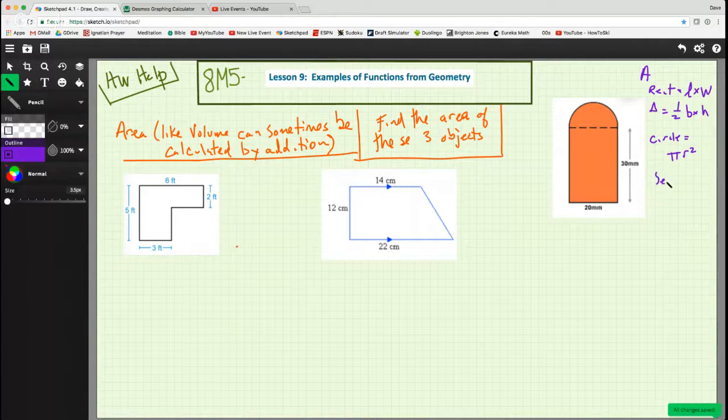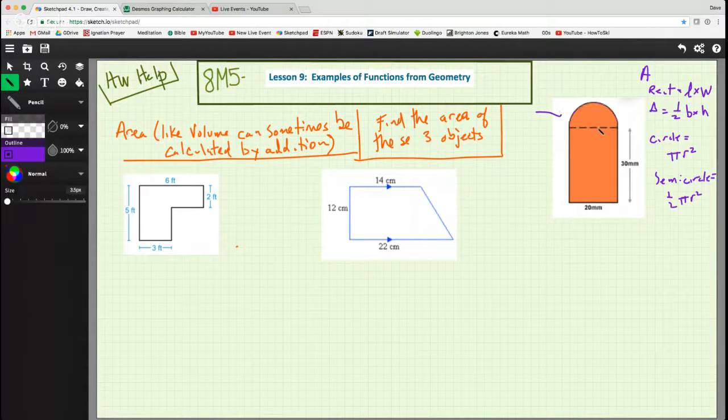And then a semicircle would equal 1/2 of pi r squared. Okay, and so this here is a semicircle, right? Because we're only going to be talking about this. So this would be if this was a circle, but it's not. We're going to take a rectangle and then add it to a semicircle, and think about what the radius of this guy is going to be.